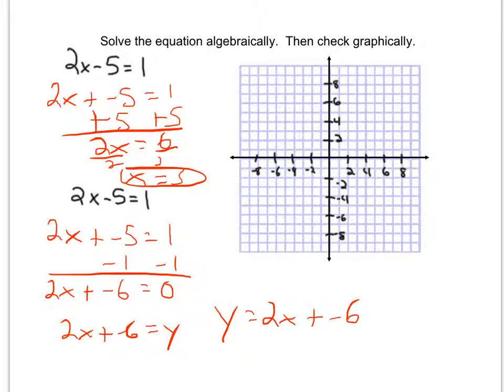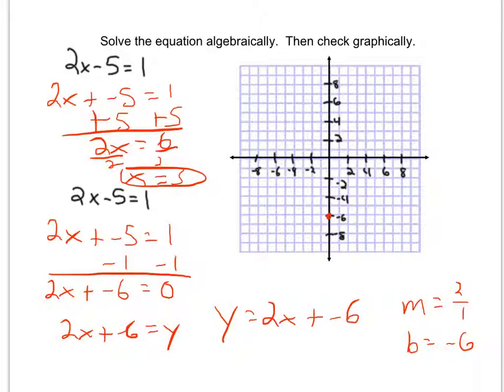Now again, this is slope-intercept form, so we can use our graphing methods we learned in the last lesson to solve this. First let's identify our slope and our y-intercept. Well, our slope is 2 over 1, and our y-intercept is negative 6. So now we can graph our y-intercept.